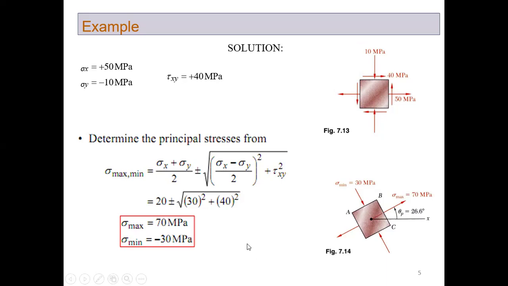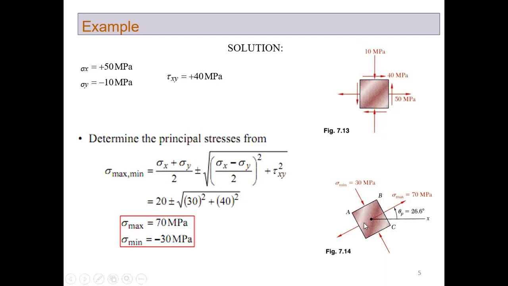Next, we have to draw the stress element showing the principal stresses and the principal axes. Here it is already drawn, so I will just tell you the procedure for how we draw the stress state for the principal stresses.